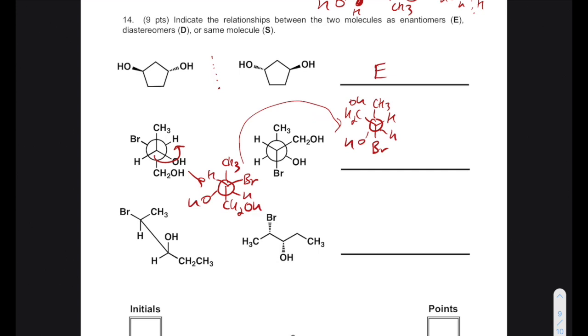So if we compare this structure with the structure that we have on the right, we can now see that there is a mirror plane. So the front position is the mirror image, and the back position is also the mirror image. This makes them enantiomers. You could have solved this problem by assigning R and S. I just did it this way because it's a little bit faster for me.